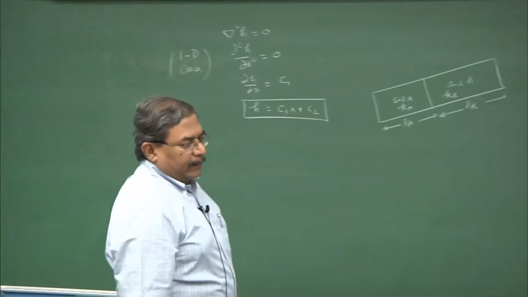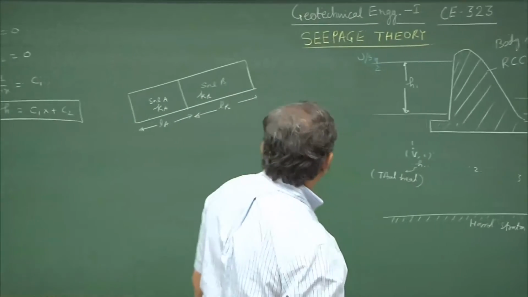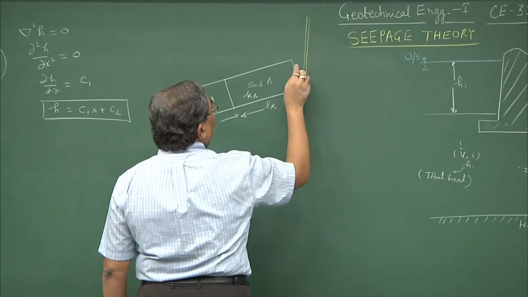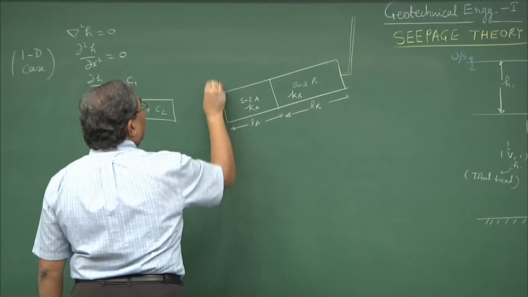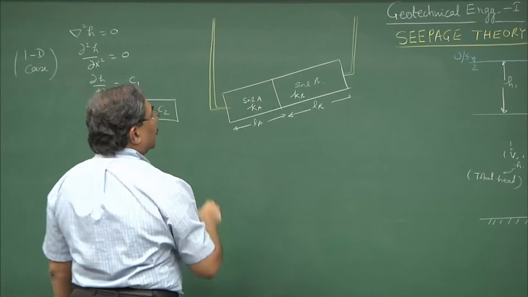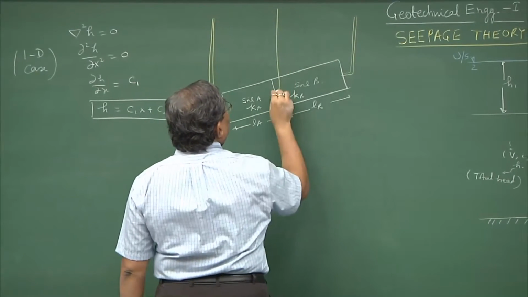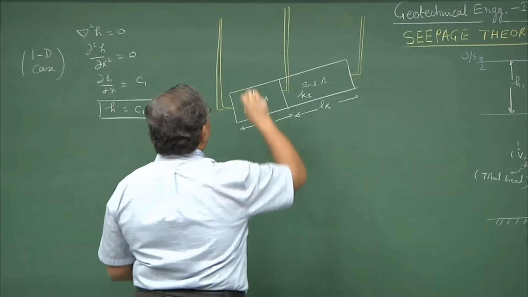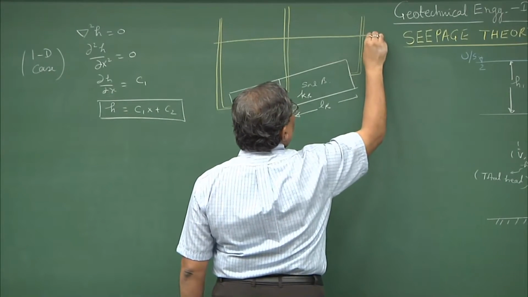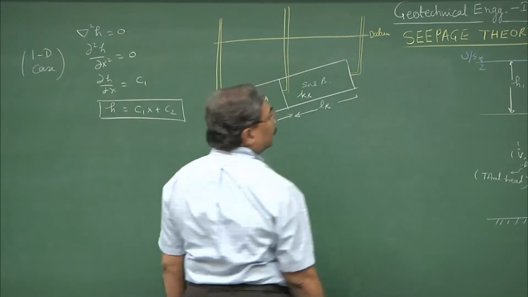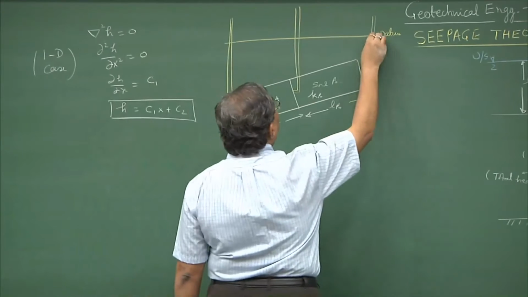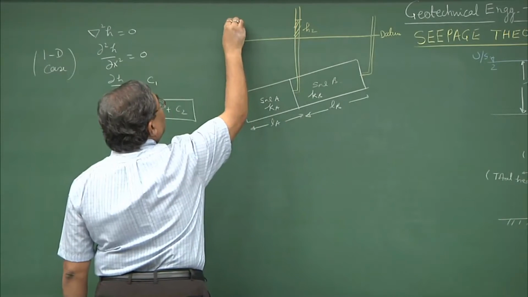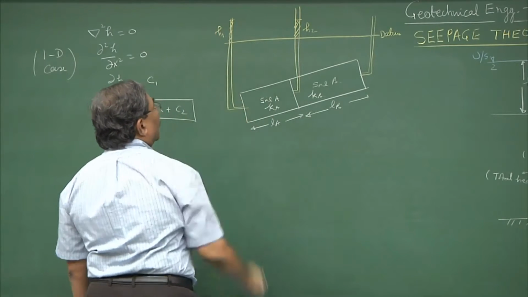Now, if I connect this soil mass with, let us say, a water tub or a water bath, all right. So, these are the piezometric tubes. Somewhere here I can take the datum, and with respect to this datum, if I say that this is H 2, this is H 1, all right.